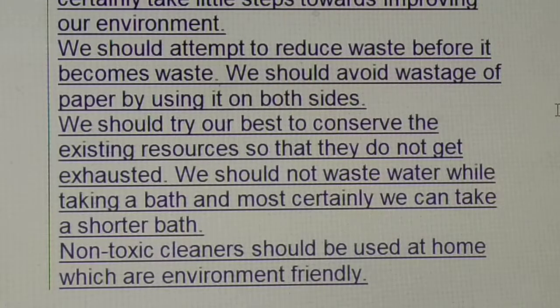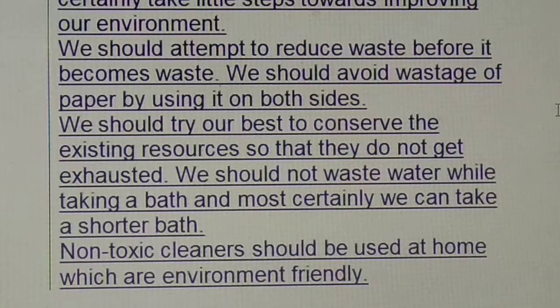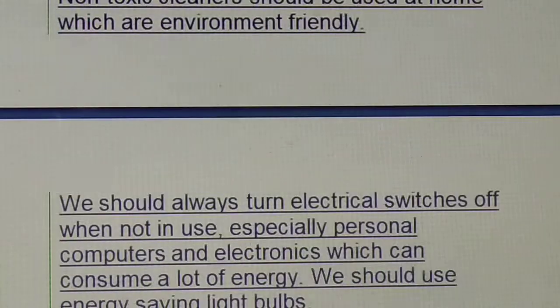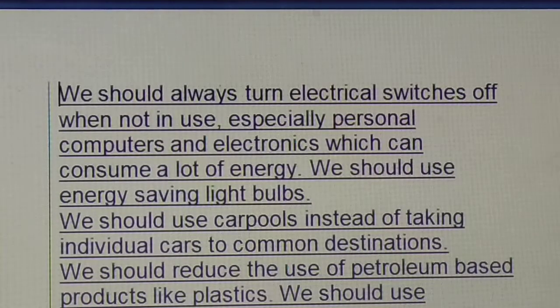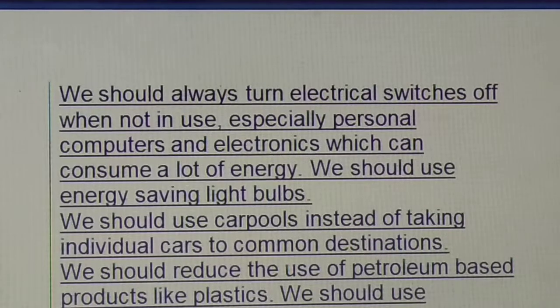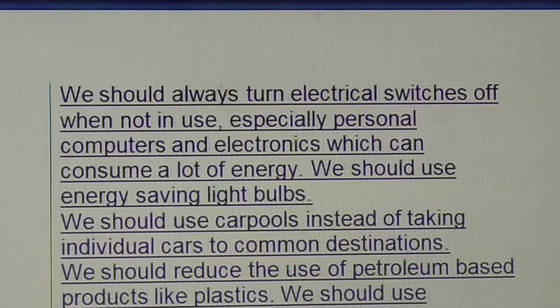Non-toxic cleaners should be used at home, which are environment friendly. Yes, not made of plastic and all that.